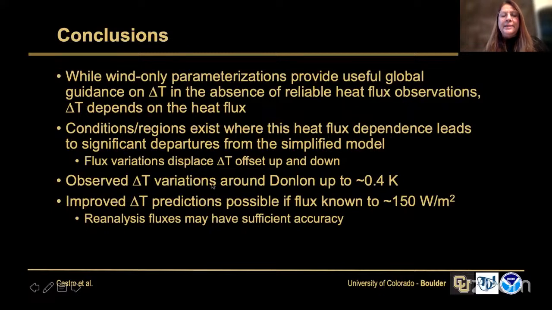And we can see that with these new conditions, variations from Donlon are up to 4/10 of a degree, and we suggest that we can improve the accuracy of delta T estimates by explicitly including heat fluxes if we know them to 150 watts per meter squared accuracy, which the reanalysis might be of sufficient accuracy to do. So that's my presentation.